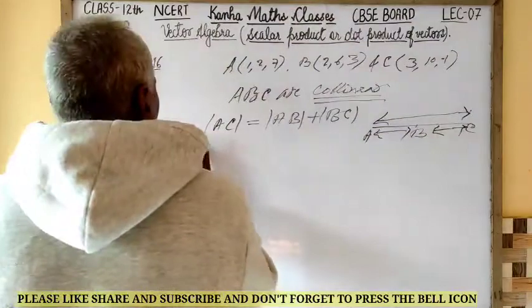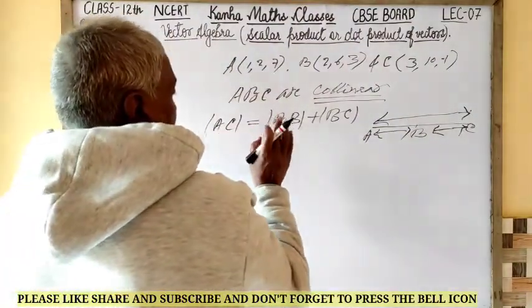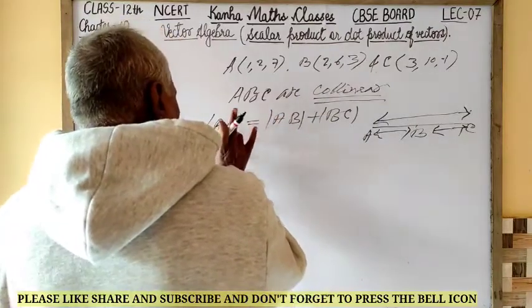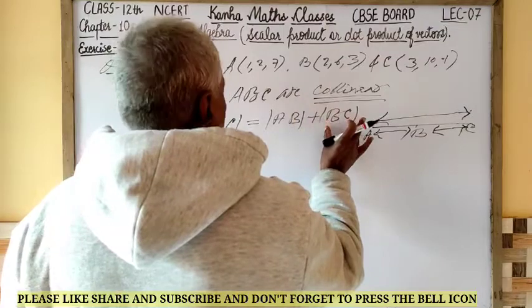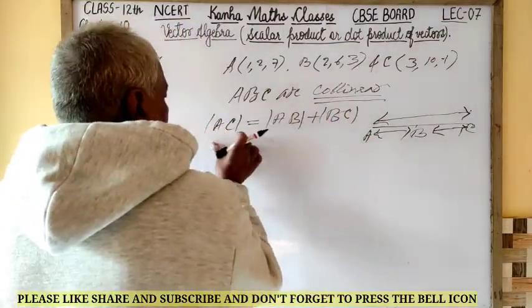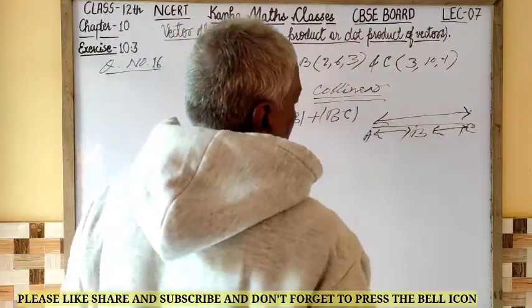In terms of vector algebra we will have to prove that magnitude of vector AC is equal to magnitude of vector AB plus magnitude of vector BC.